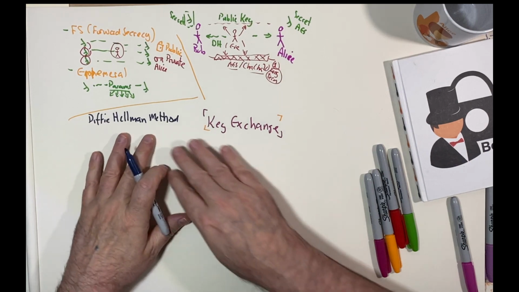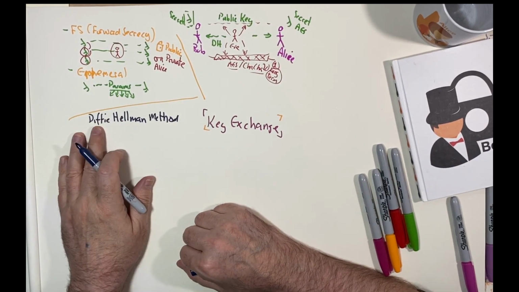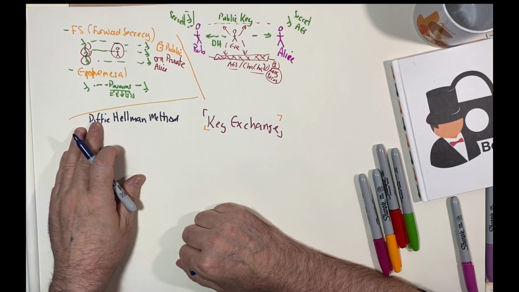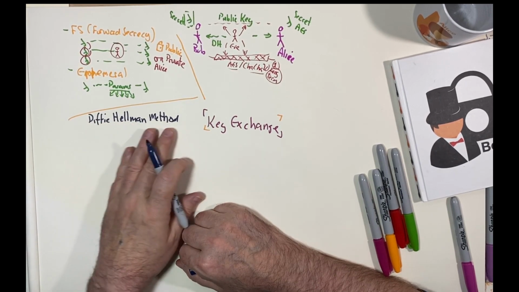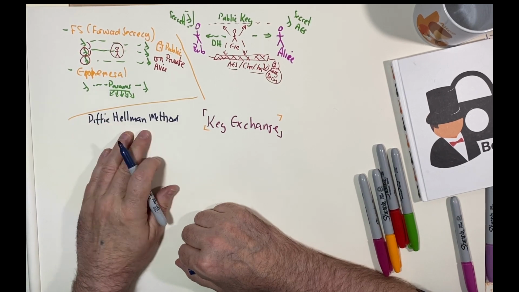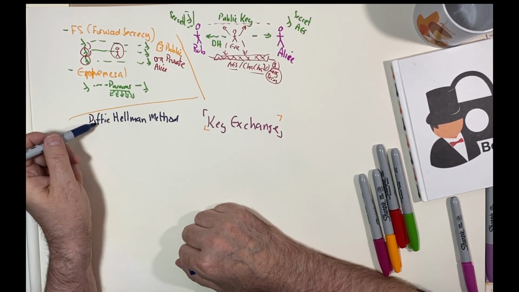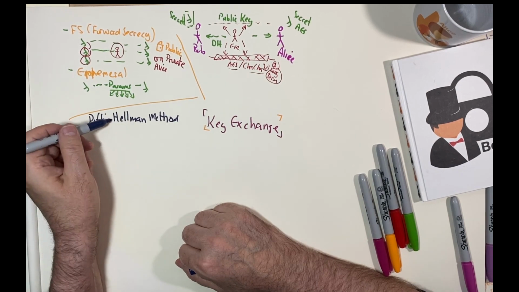And it caused quite a disruption within cybersecurity when it was created, and it also led to the creation of the public key method known as RSA. It was created by Whitfield Diffie and Marty Hellman, and they created the Diffie-Hellman method.